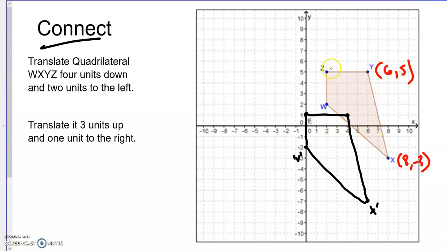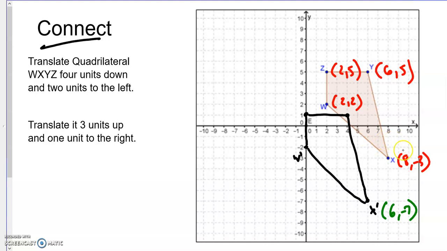Z is 2, 5, both positive. And W is 2, 2, both positive. So those are the coordinates of the original vertices in the original figure. Let's look at the vertices of the new figure. So X prime is 6, -7.